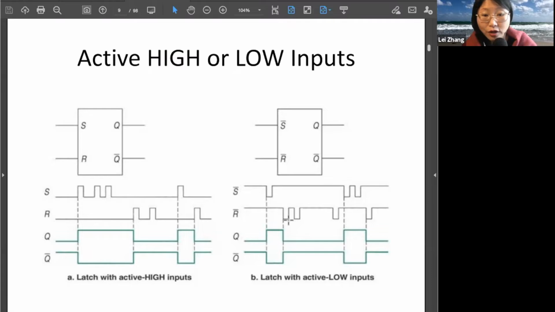So R0 here can be bouncing around high and low many times, but it won't have any effect on the output. So this is the important feature of the latch.